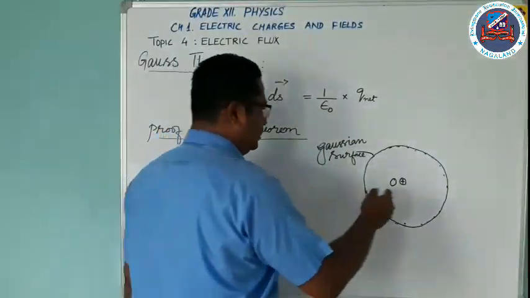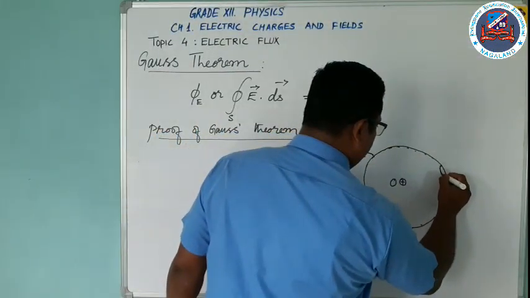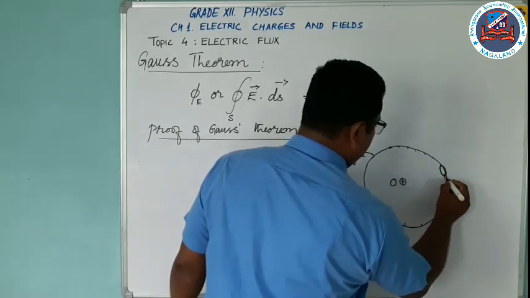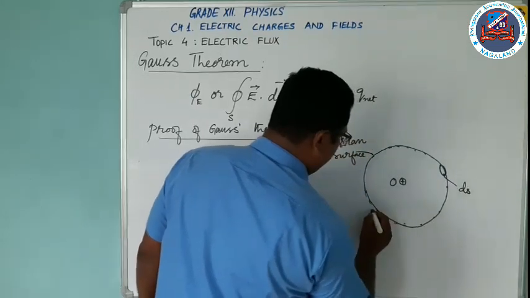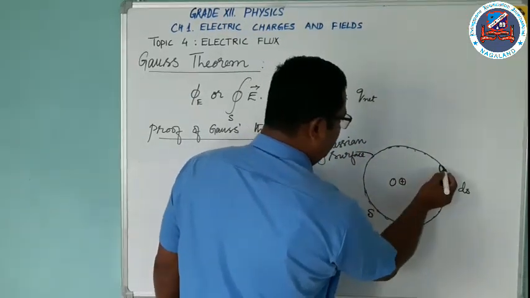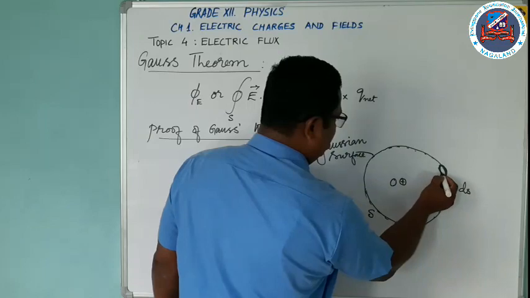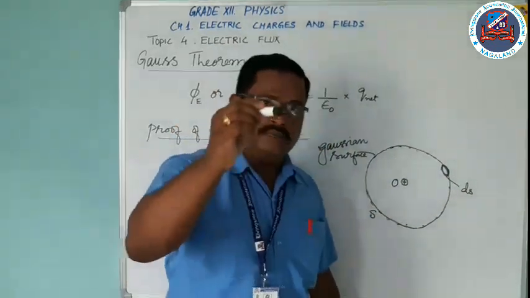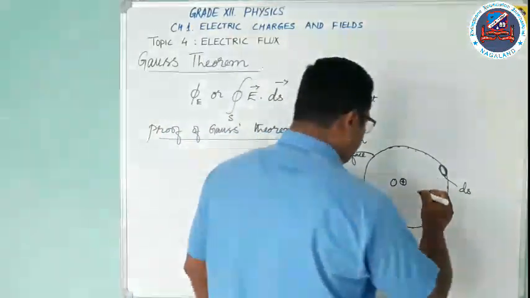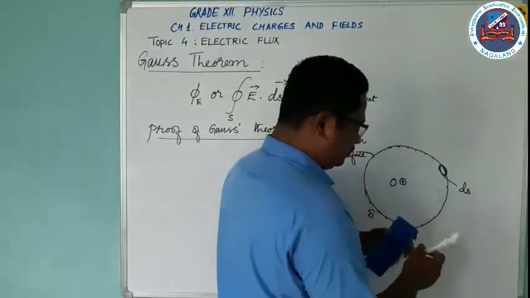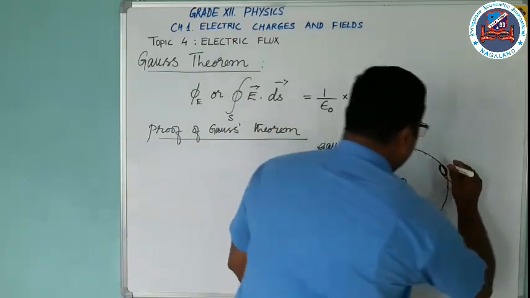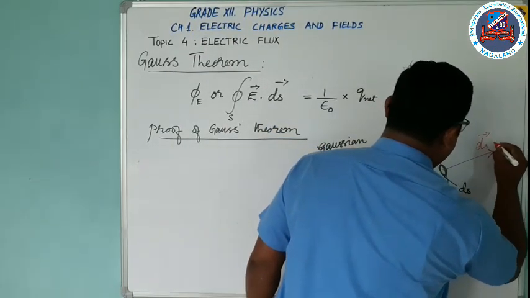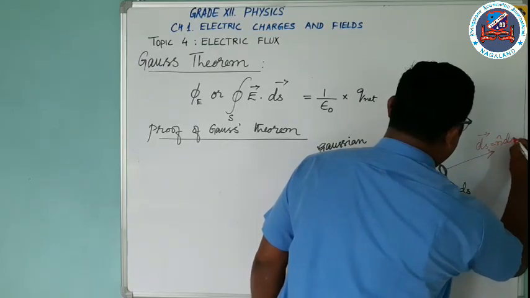Now at this Gaussian surface, I want to find out the electric field intensity in a small region of the surface. Let me call it ds. This is S, the whole surface, and a small region I am taking is ds. If I draw the area vector there, its direction will be perpendicular, n cap ds.